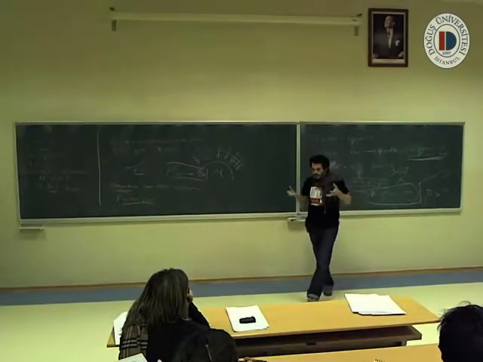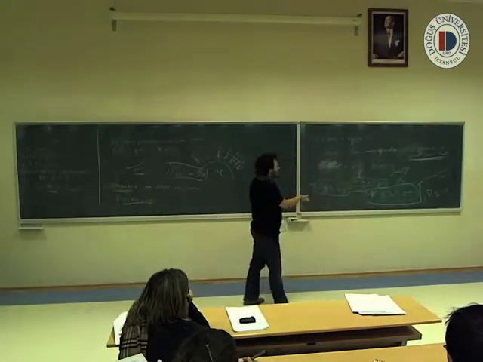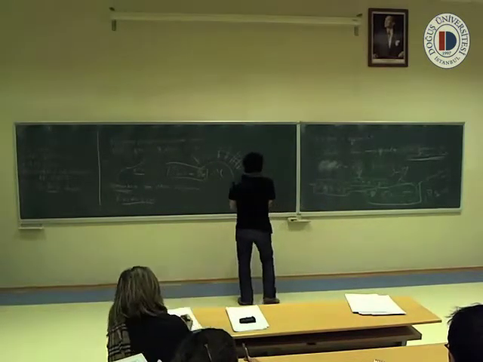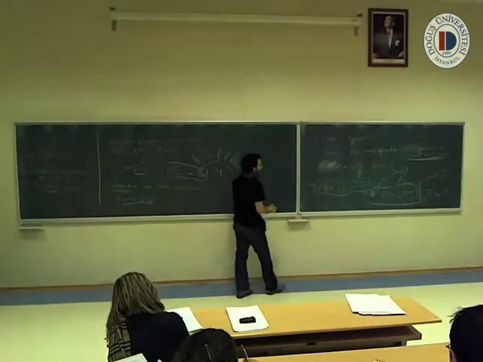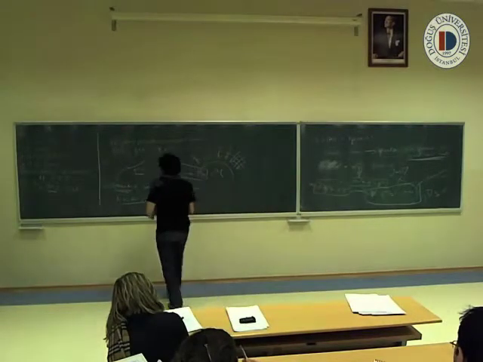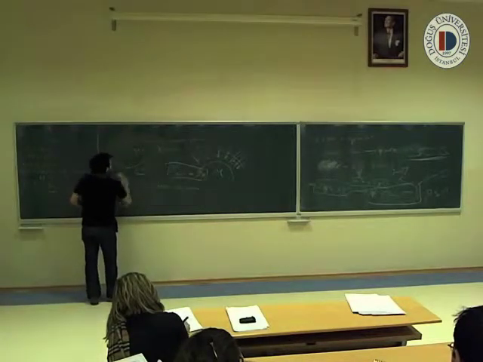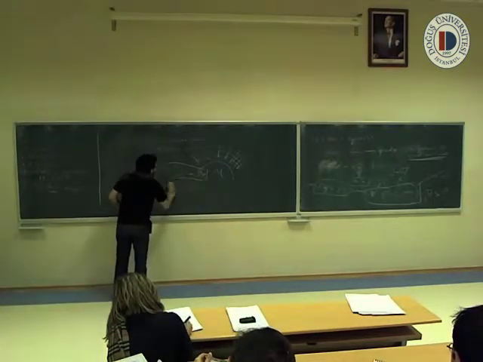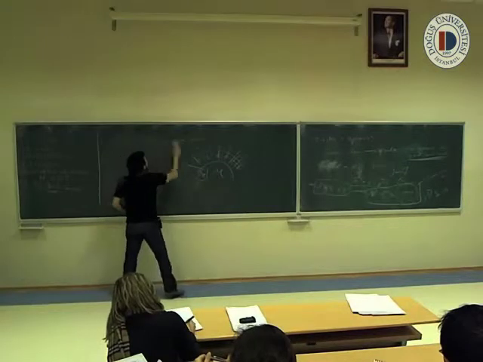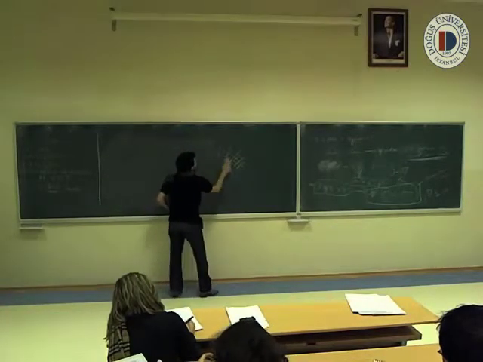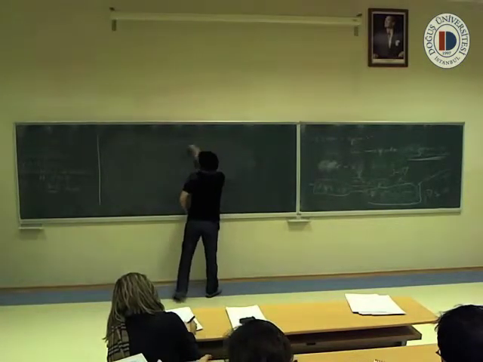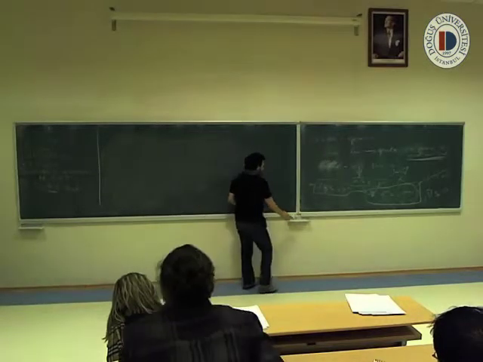So what we need is something that contains the metric and has two derivatives. And we know such an object. That object is obtained from the curvature tensor.